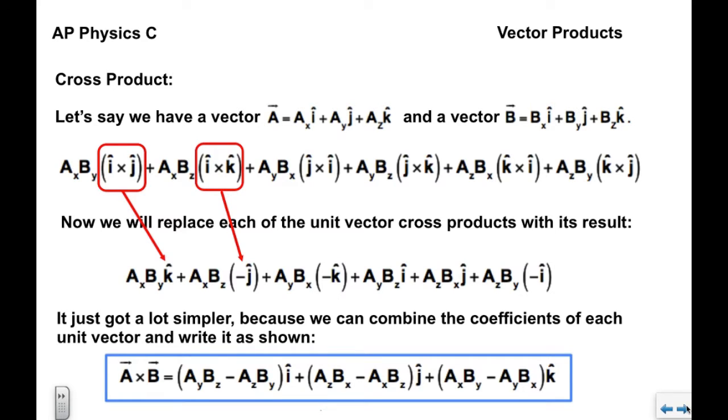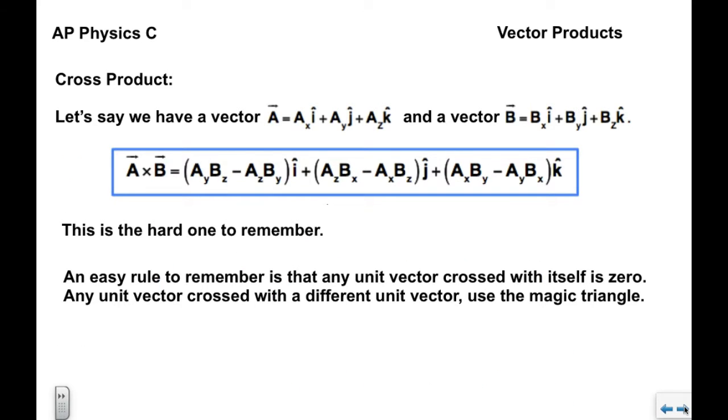Now that is a reasonably complicated formula. It's the hard one to remember. But if you think about the pattern to each of the coefficients, there is a pattern for the I hat or the X direction. We have the other two coefficients, AY, BZ, and then you flip them, AZ, BY, and subtract.